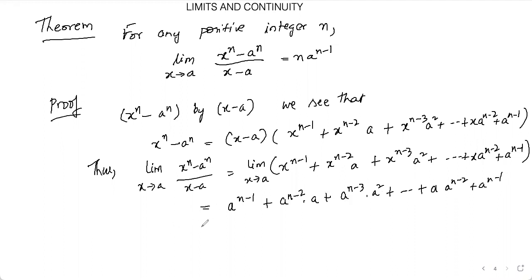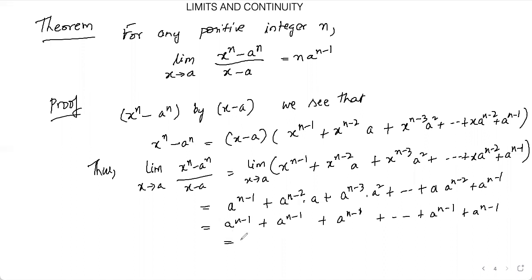So this would lead to a to the power of n minus 1, plus again a to the power of n minus 1, and again a to the power of n minus 1, and so on. So these are n terms, right?